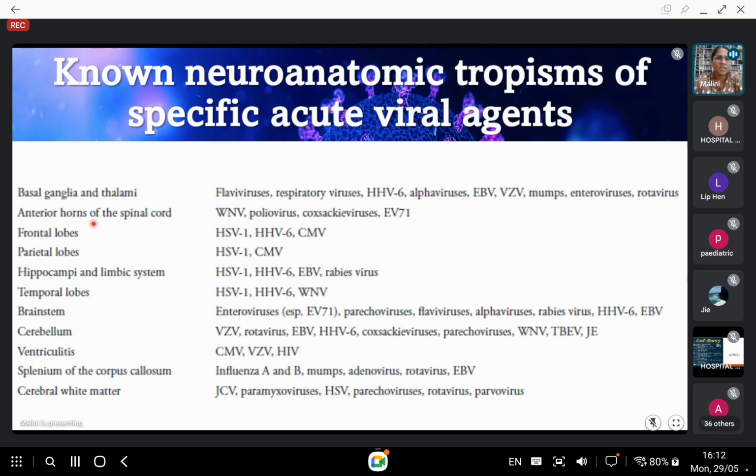The anterior horn cells: polio classically, but because of immunization we don't see polio, and another common cause would be EV71. Frontal and temporal lobe by herpes simplex. Brainstem, EV71 again. Cerebellum by varicella zoster, and ventriculitis by CMV, varicella, and HIV.